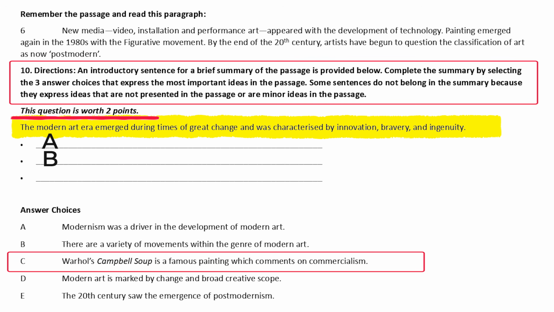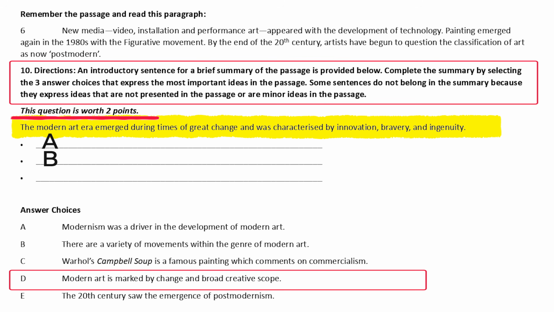C says Warhol's Campbell Soup is a famous painting which comments on commercialism. This is true, but it's way too specific. It's a supporting detail used to show how modern art made cultural commentary, but it's not a main idea on its own. We wouldn't include this kind of example in a summary, so C is incorrect.